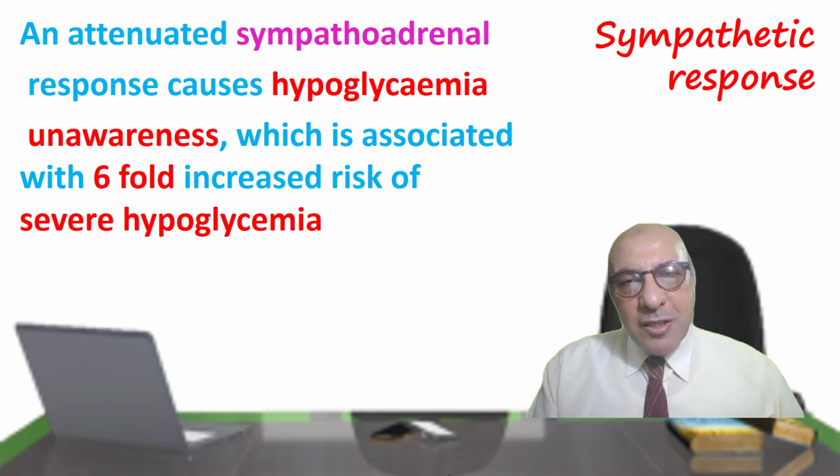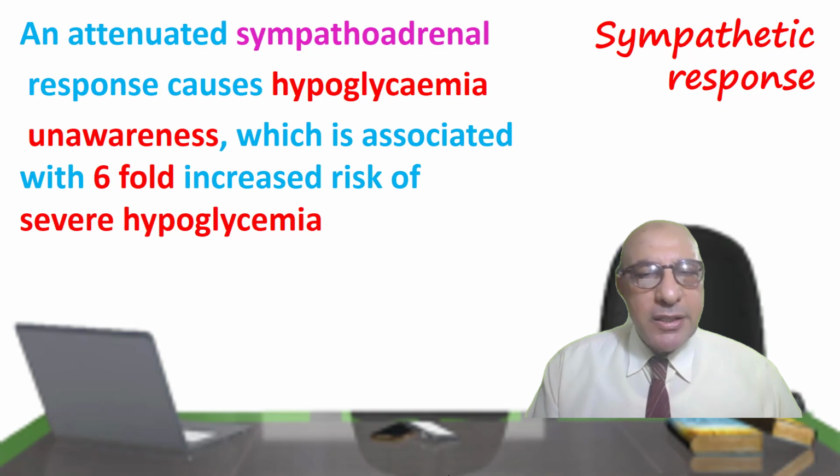So hypoglycemia will happen and will increase in degree with no attending symptoms. He will not feel sweating, tremors, or palpitation. So he will not act to take some carbohydrate to correct it. This unawareness is very dangerous, again more and more increasing the risk of severe hypoglycemia.